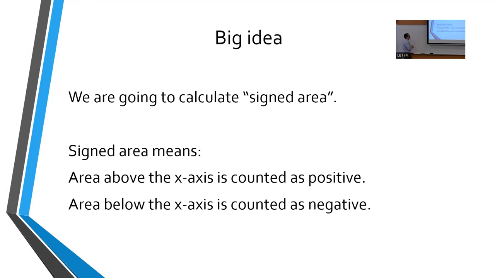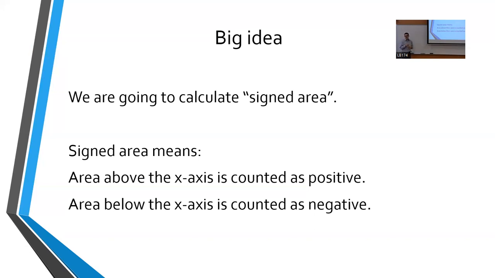Now, the big idea of the definite integral is it calculates signed area. Normally, when we say the area under the curve, we imagine our function being positive, so it's above the x-axis.